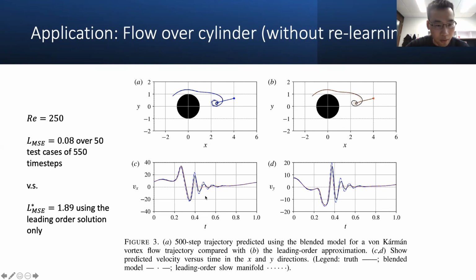However, if we look at figures C and D, which show the particle velocity in X and Y direction with respect to time, we can see that the hybrid model indeed was able to behave better in terms of the amplitude of the velocity fluctuation over time in both X and Y direction.